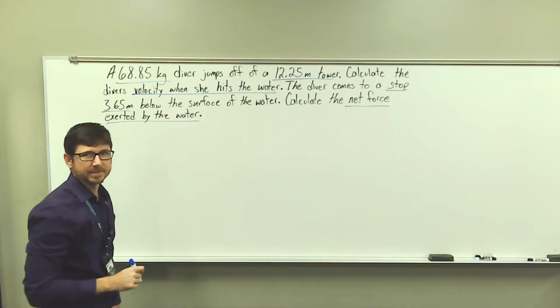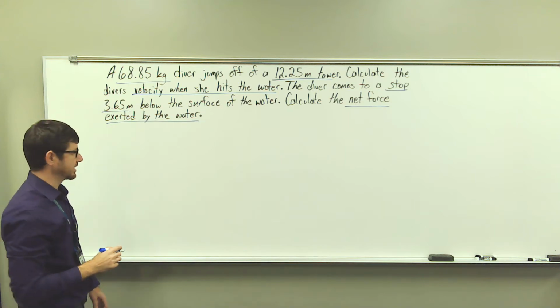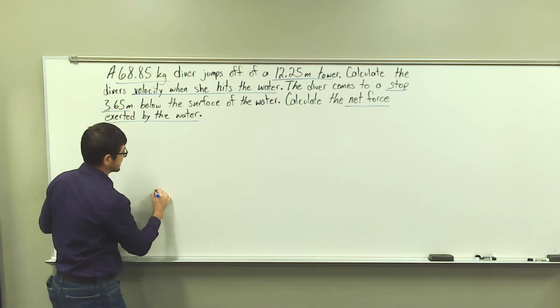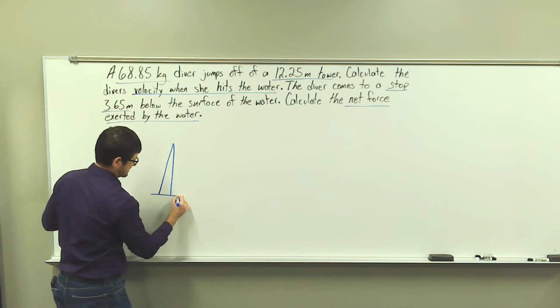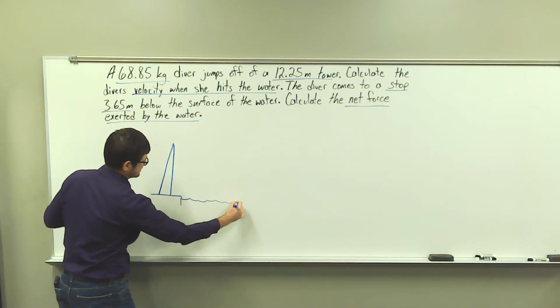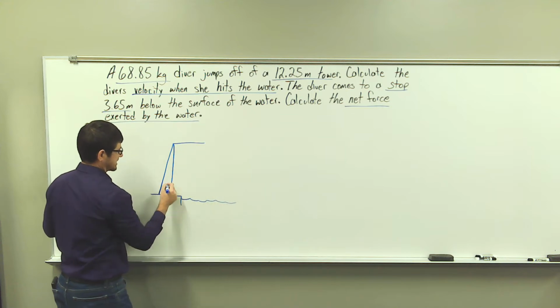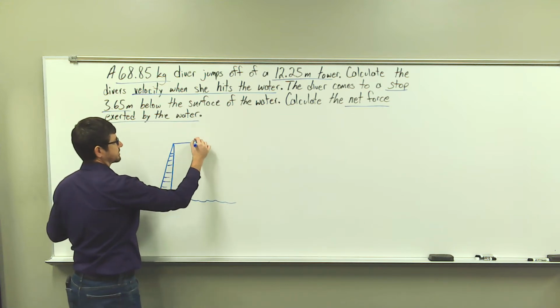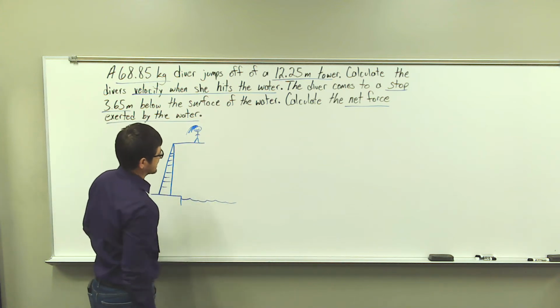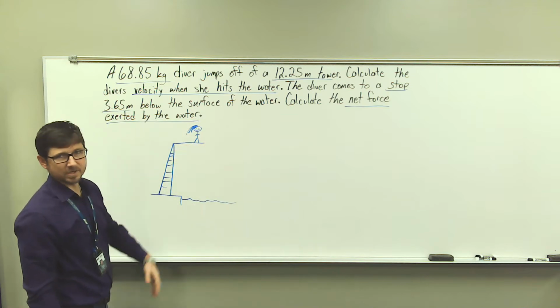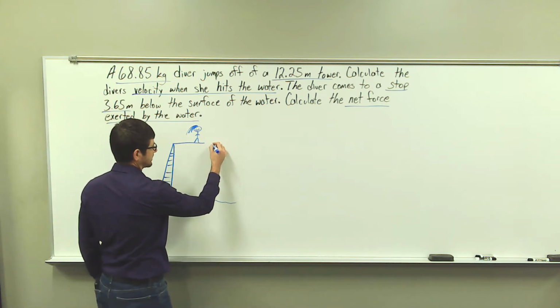So what I want to do is go ahead and draw a diagram. So we have a diver jumping off of a tower. We'll say this is the steps here. Okay, so the diver, she is going to jump off of the tower.